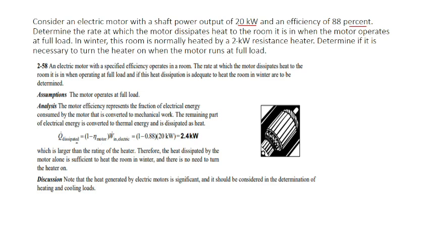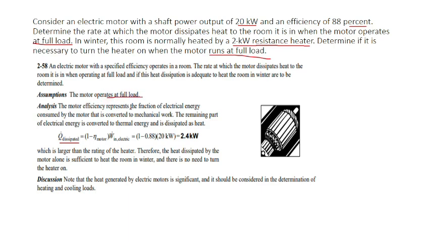You have to find the Q dissipated to the room when the motor operates at full load. In the winter, this room is normally heated by a 2 kilowatt resistance heater. Determine if it is necessary to turn the heater on when the motor runs at full load. So we are assuming that the motor is operating at full load.